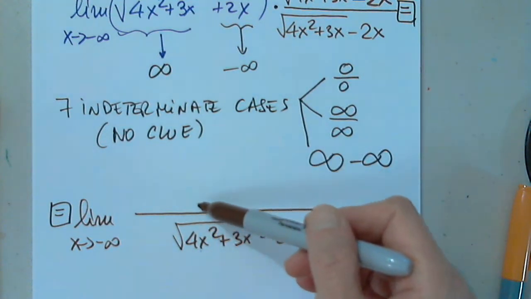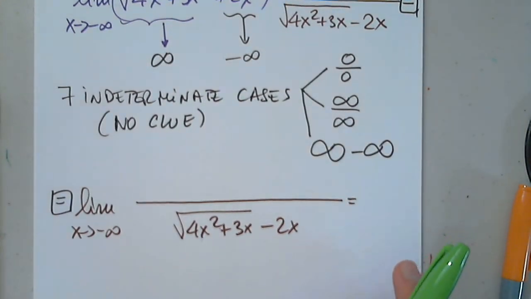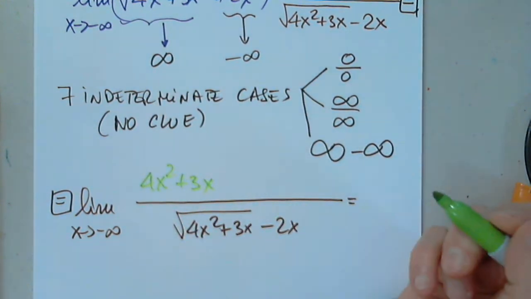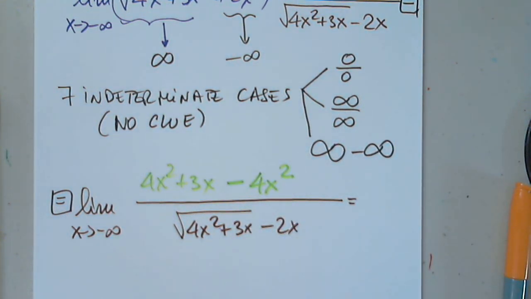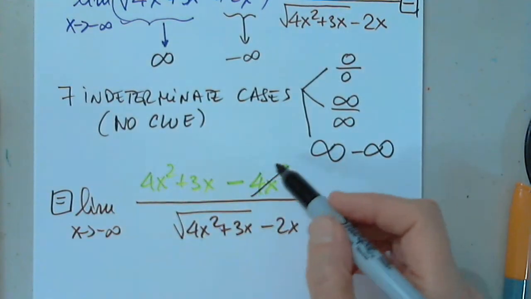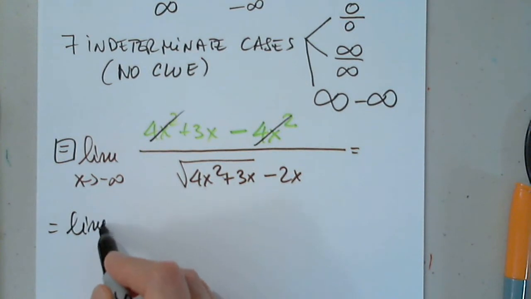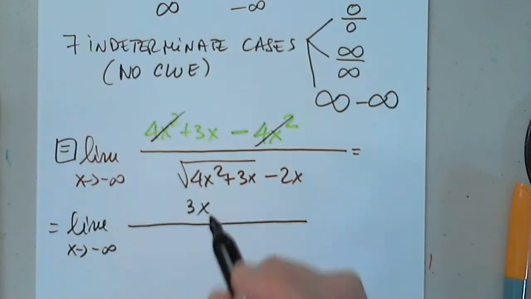And can anyone give us the numerator? 4x squared minus... brilliant. I hope you meant x squared, yes. Of course, these two are gone. And now I copy the limit as x approaches negative infinity. The numerator is 3x. Now I have to work on the denominator.